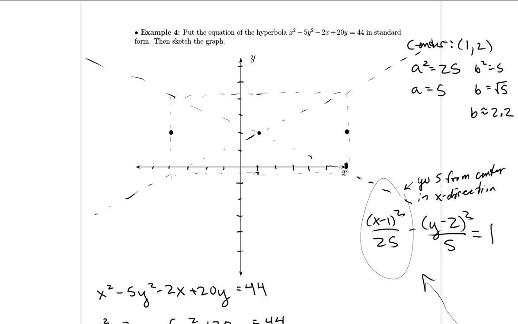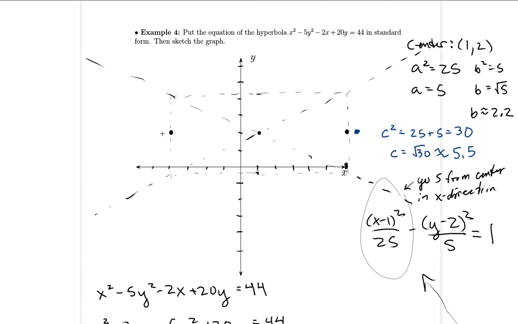It's almost ready to graph, but we do want to also graph our foci, right? And of course, our foci, remember, c squared is equal to a squared plus b squared. So that's 25 plus 5 is 30. So c is equal to the square root of 30, which is about 5.5, right? So remember, we went out 5 to get to the vertex, so 5.5 is not that much further.